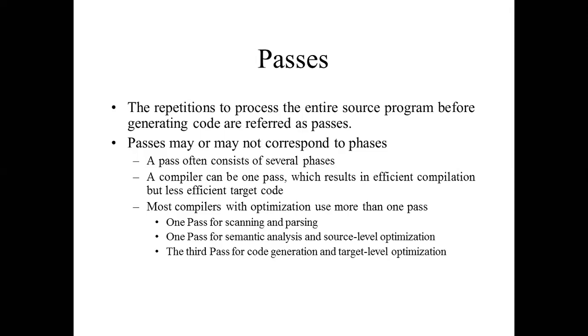It will do everything hand in hand: lexical analysis, syntax analysis, semantic analysis, intermediate code generation, then target code generation, then optimization, and then output. Everything we get in the first phase, in one pass.